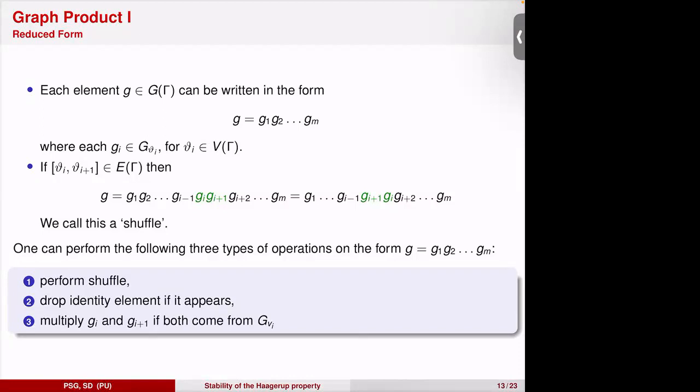Whenever you have such a product form, you can perform three types of operation. Number one is shuffle. After shuffling, if you get the identity in any place, you drop it. And if two consecutive elements come from the same vertex group, you simply multiply them.